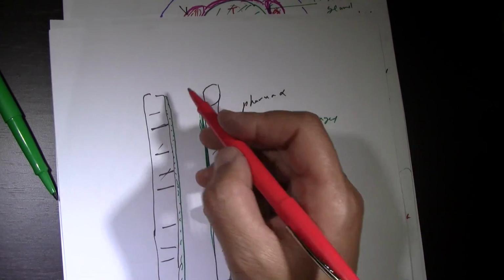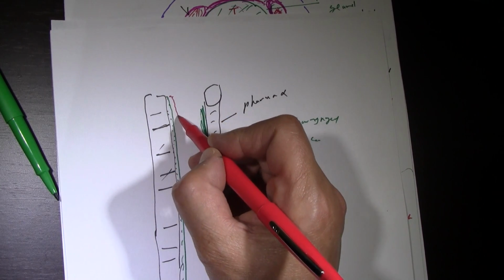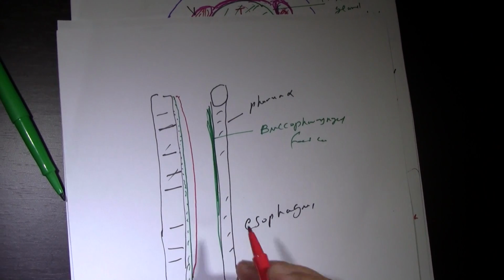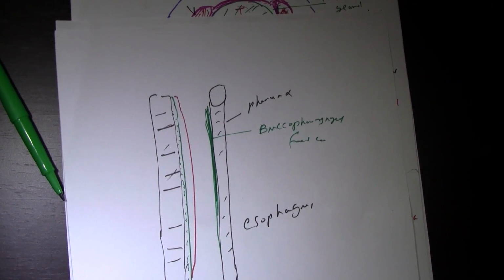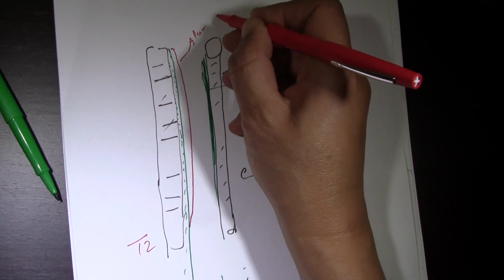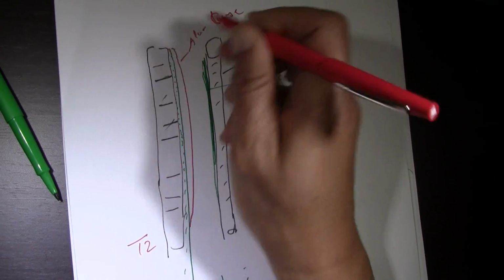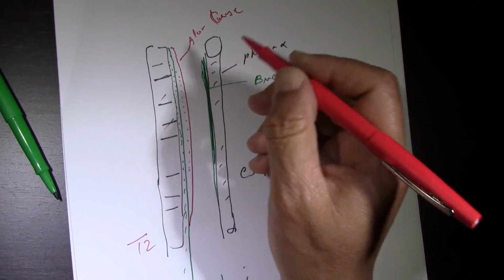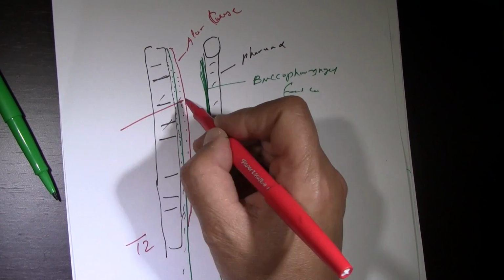Then you have another layer, we call it the alar layer, which extends down up to thoracic vertebra number 2. This is the alar layer of the deep fascia. So the space here is called the dangerous space.